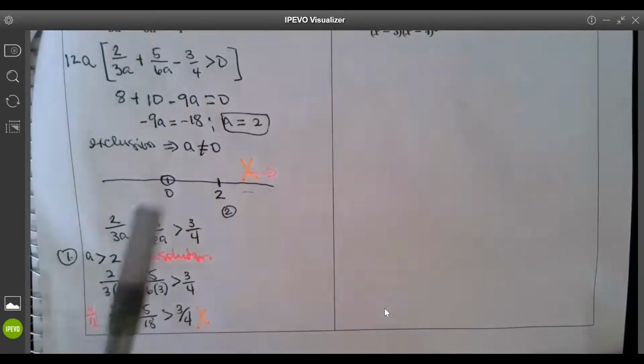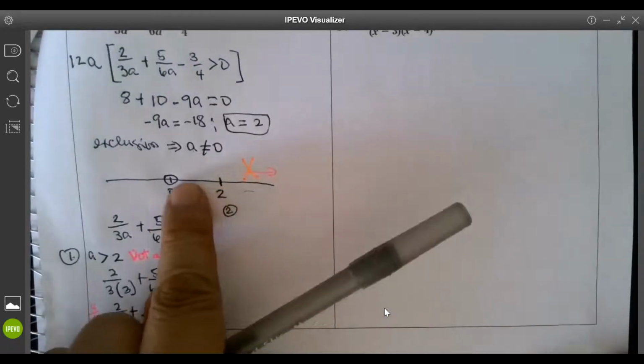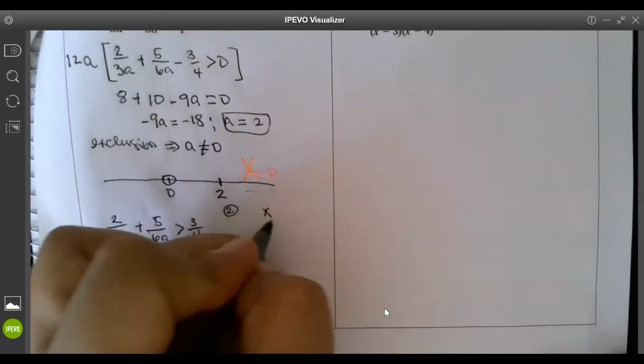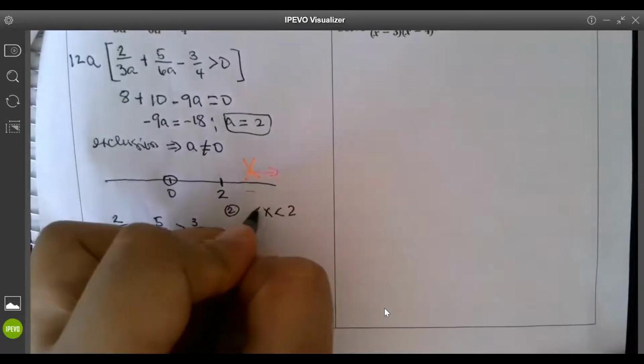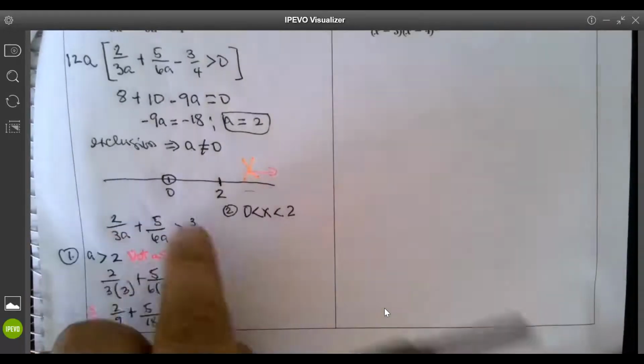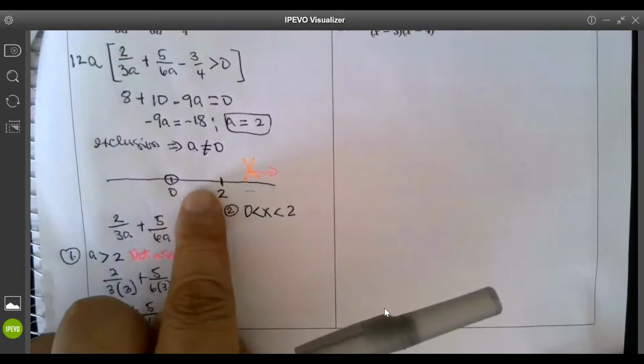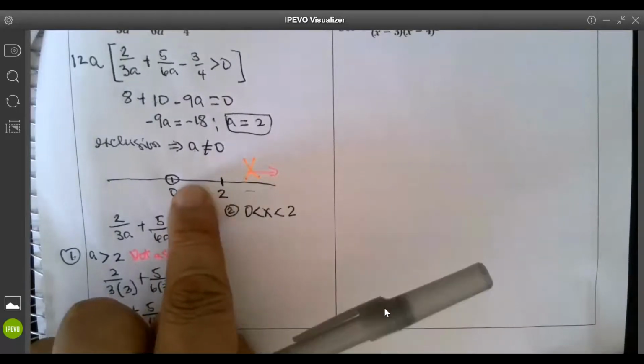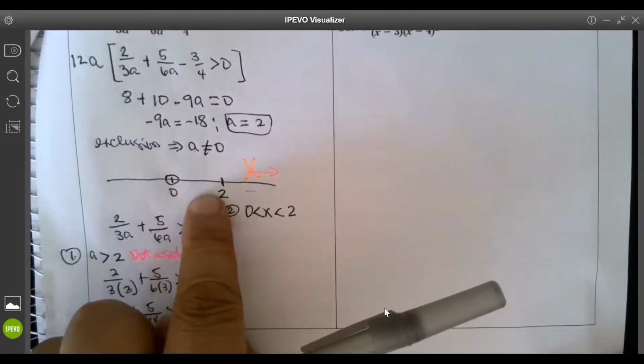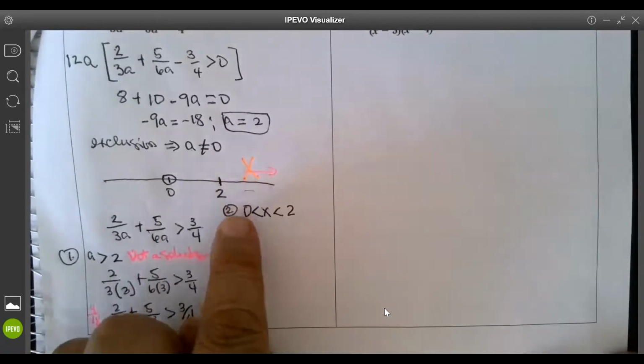Okay, let's test this interval here. How do we write this interval? For A less than 2 but greater than 0. So any number here in between 0 and 2. What is that number? One. Mr. Bika, 1.